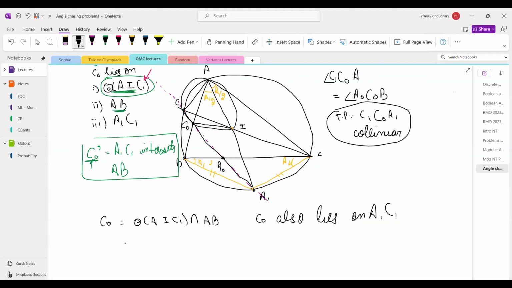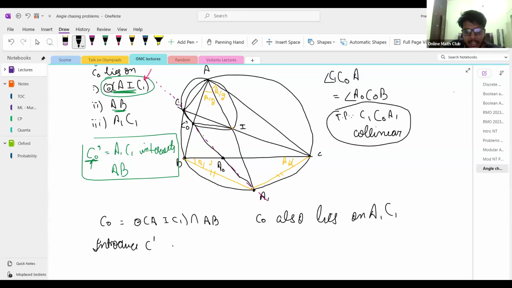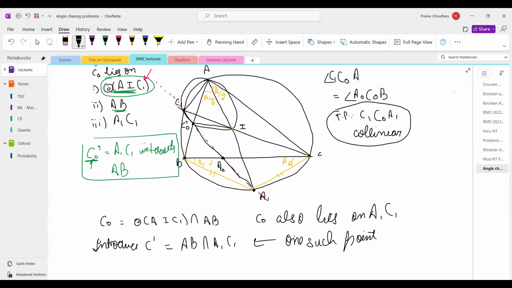If I introduce a point, let's say C dash, which is the intersection of AB and A1, C1, firstly I know that there is only one such point, right? Yes, the intersection of two lines.